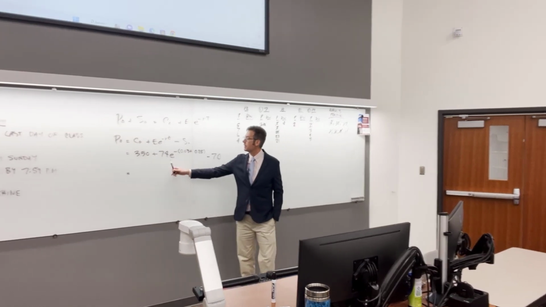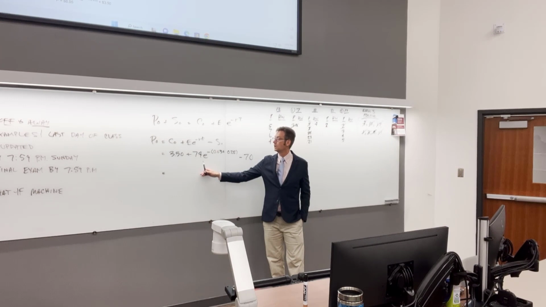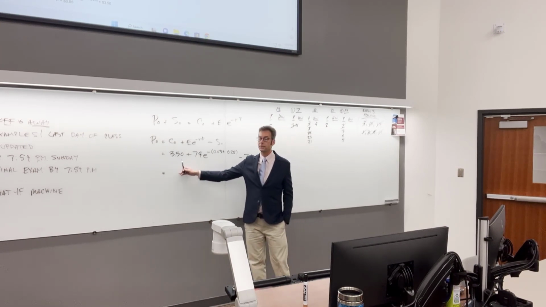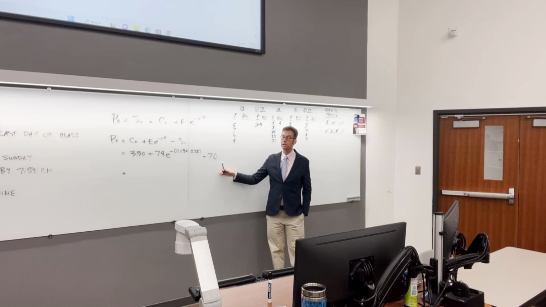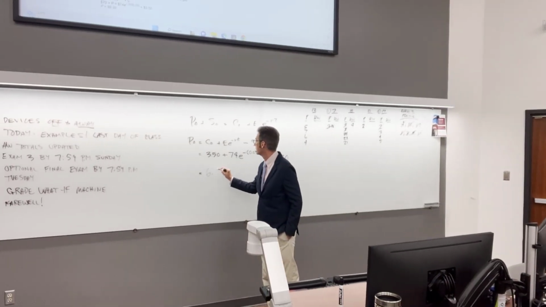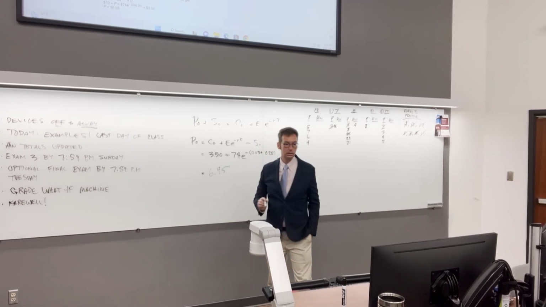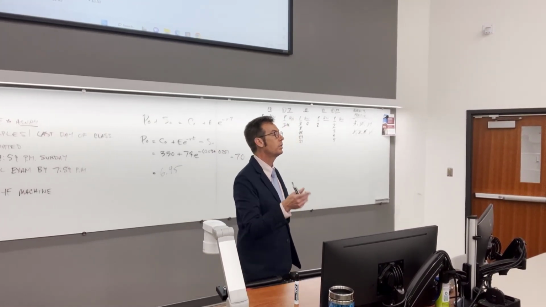So go ahead and multiply that by 74. 73.44 or something, does that sound right? Okay, now add 3.50. Subtract 70. 6.95. And that's what we're getting there. Put-call parity.